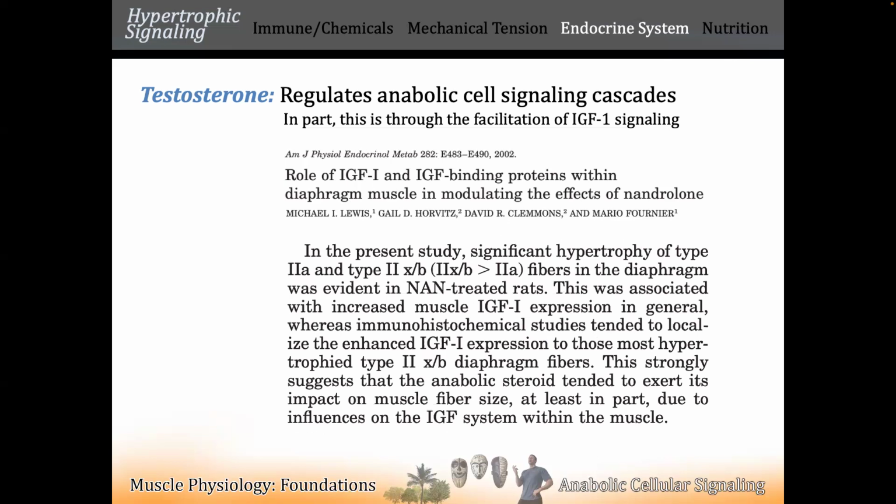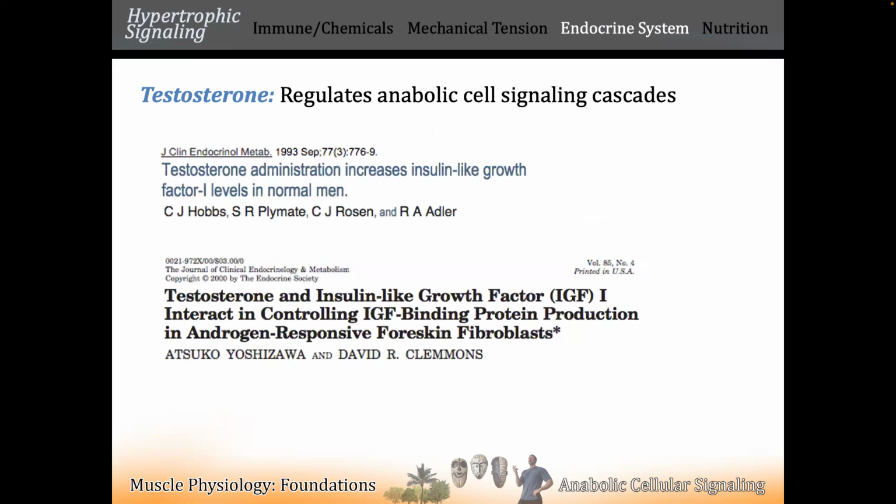So summarizing the findings, part of the androgen-induced growth of skeletal muscle is through IGF-1 signaling, and the high threshold fibers are more sensitive to these hypertrophic signals. And we've known about the relationship between IGF and testosterone for a really long time.